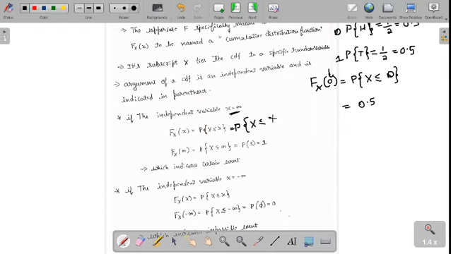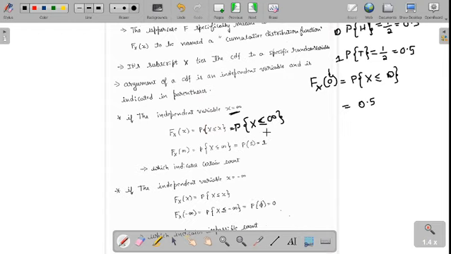If this is the case, what do we need to do? X is less than or equal to infinity. What is the condition?